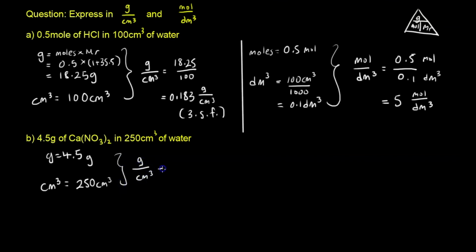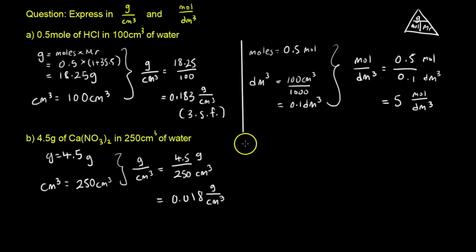I have 4.5 over 250. Top is g, bottom is cm cubed, giving me 0.018 grams per cm cubed. Simple. I think it's the simplest of these three so far.